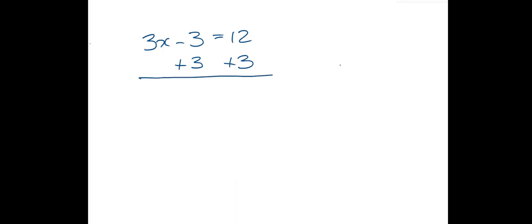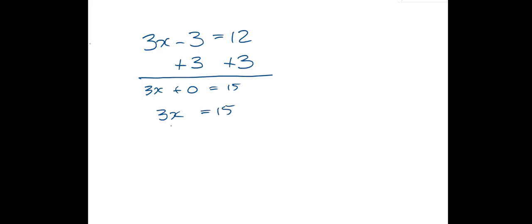In a while we won't need to do this accounting step. 3x comes down, minus 3 plus 3 is 0. 12 plus 3 is 15. So we'll rewrite that. 3x equals 15.